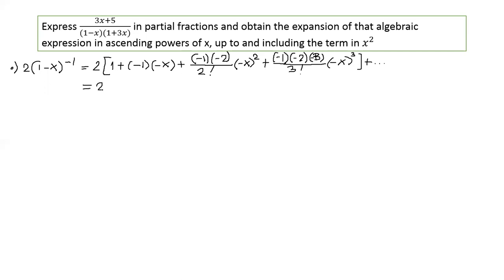And next, we will calculate. It becomes 1, negative times negative is positive, x. 2 factorial divided by negative times negative, this one, of course, positive. And 2 divided by 2 equals 1, it means this is x squared.